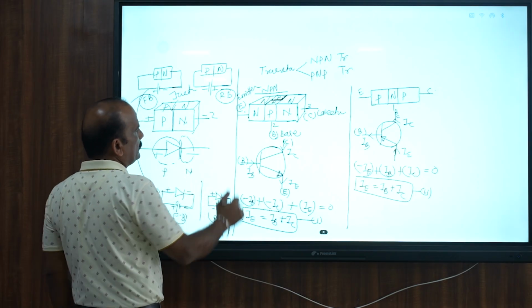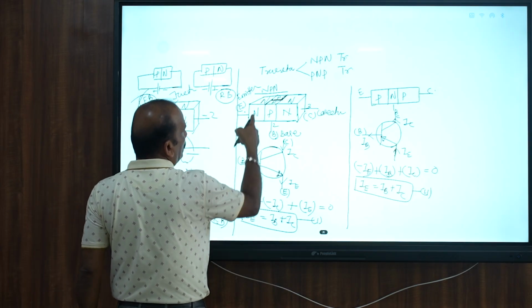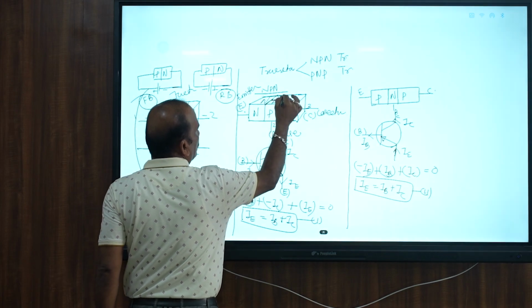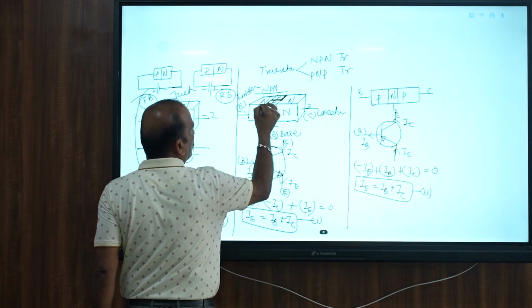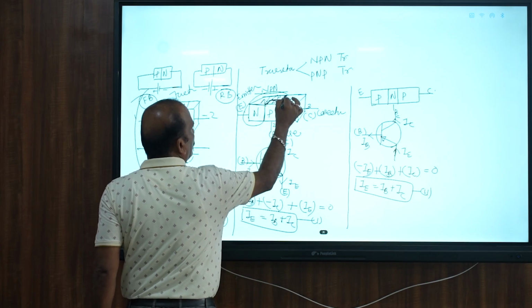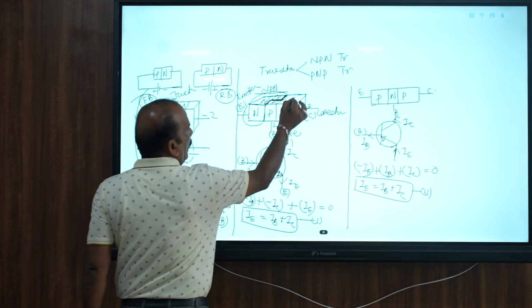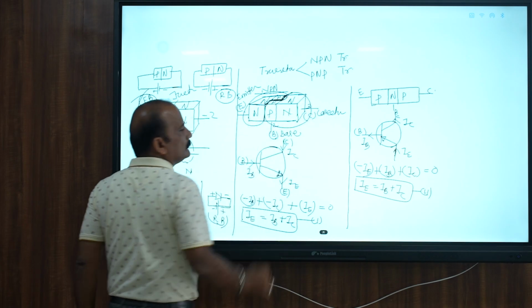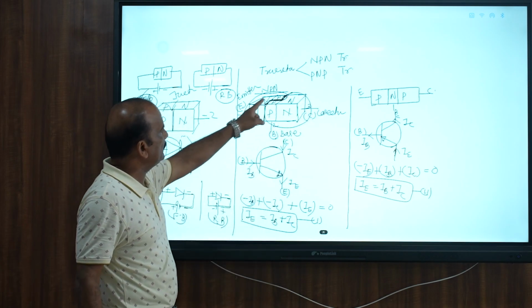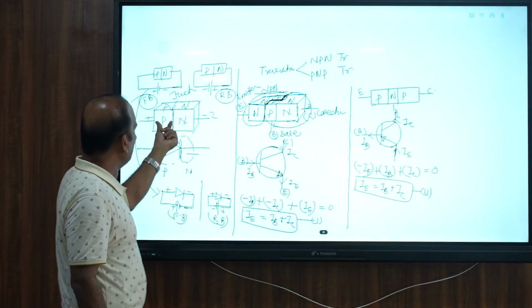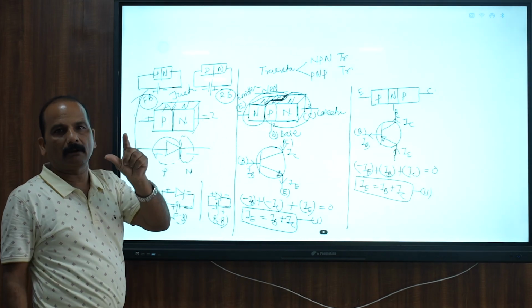How is it overlapping? One part is NP like this, and similarly this is another part. That means this is an NP, this is also an NP, and one NP or PN forms a diode.